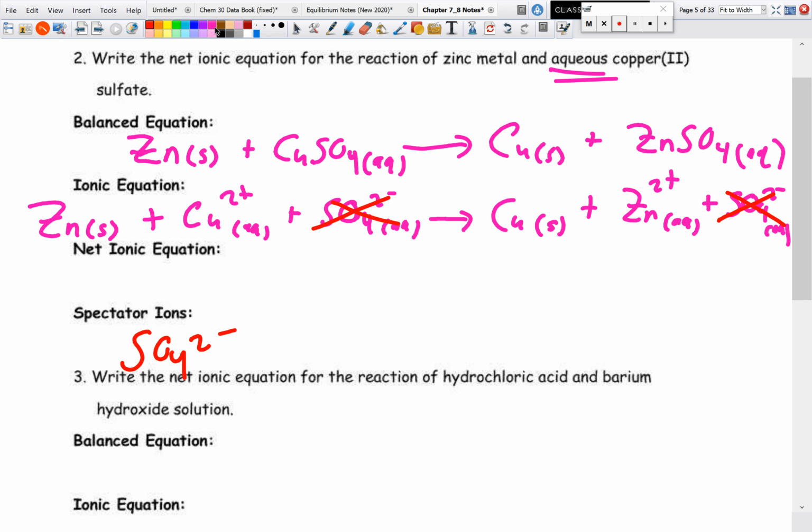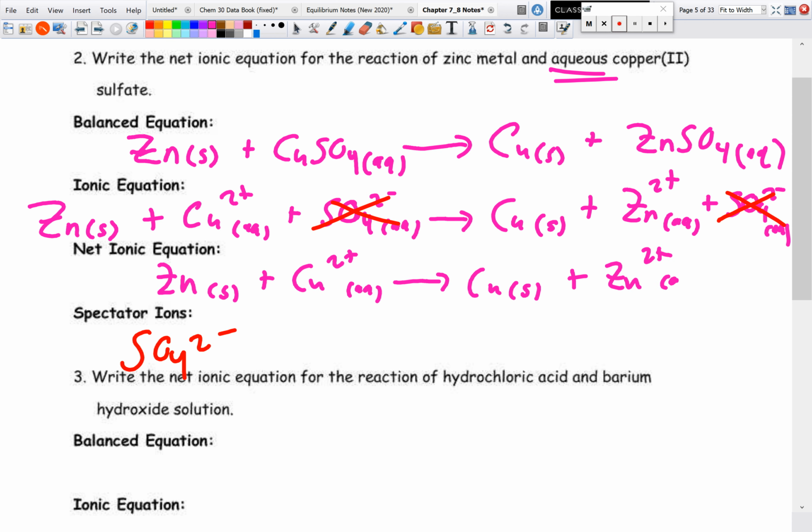So sulfate is our spectator ion, and our reaction is zinc plus copper 2 plus producing copper solid plus zinc 2 plus. That is our net ionic reaction.